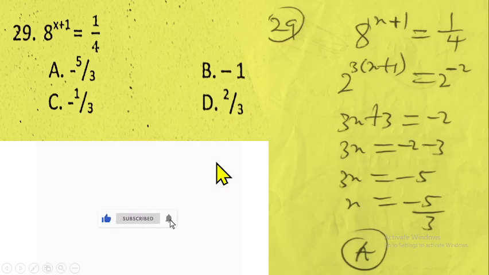Question number 29 is from indices. We are given 8 raised to power x plus 1 is equal to 1 over 4. So we can change the bases, this and this, to index form. That gives us 2 raised to power 3 for 8. Then 1 over 4 is the same thing as 4 raised to power minus 1, and 4 is the same thing as 2 raised to power 2, so the power of 2 multiplied by minus 1 gives us minus 2 here.